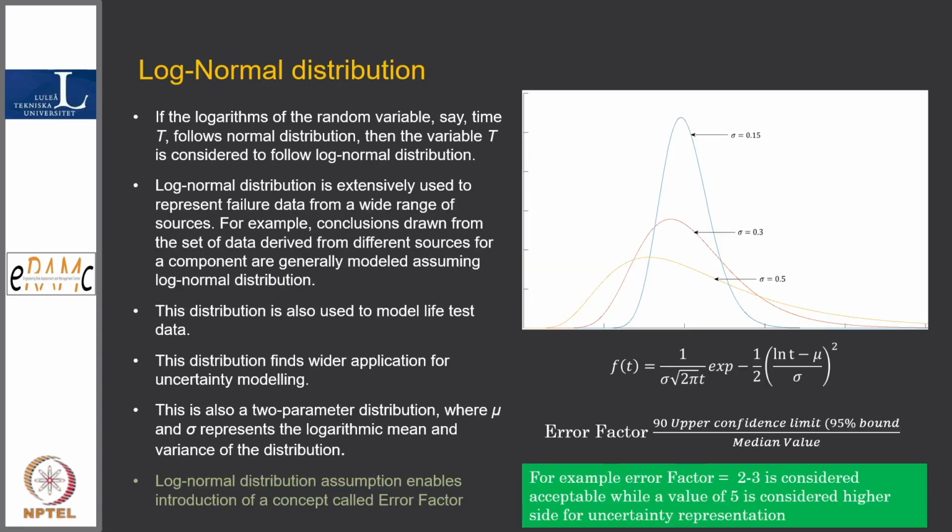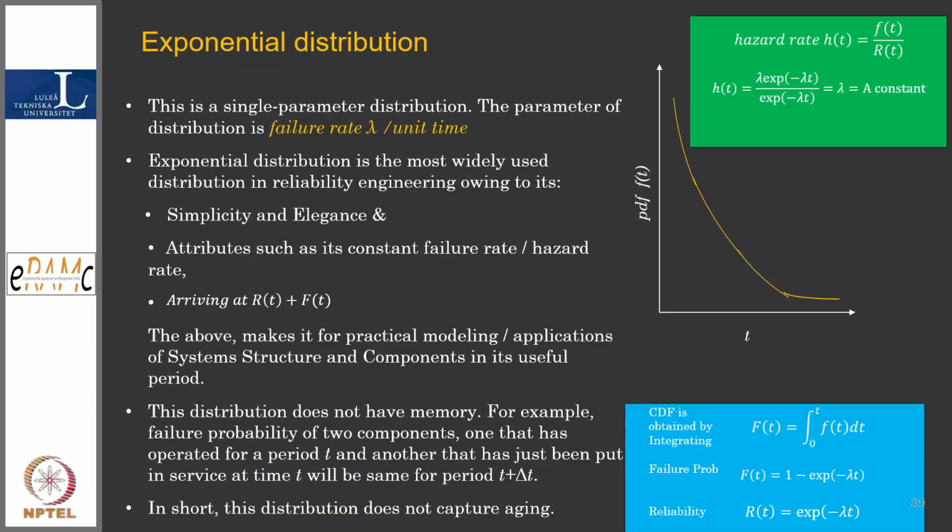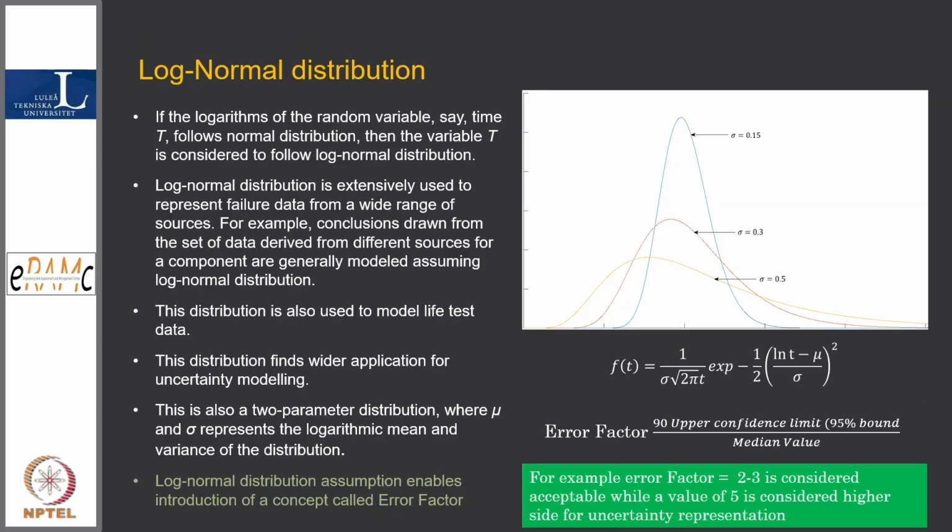And the second distribution is the log normal distribution. If the log of any variable is normally distributed, then it can be said that it is following a log normal distribution. Here the sigma value characterizes the shape of the distribution.